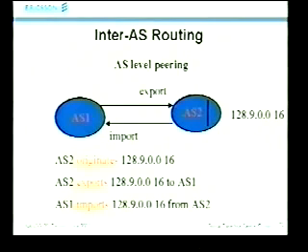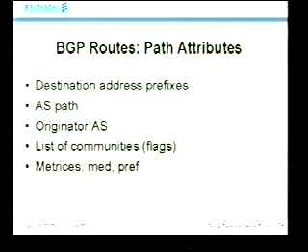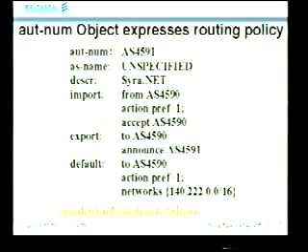BGP routes use path attributes. These attributes are destination address prefixes, the AS path, the originator AS, a list of communities or flags, and some metrics like MED, multi-exit discriminator, or local pref. How do we express routing policy? Well, this is an example. Auxiliary information is not shown, but here we have import, export and default.